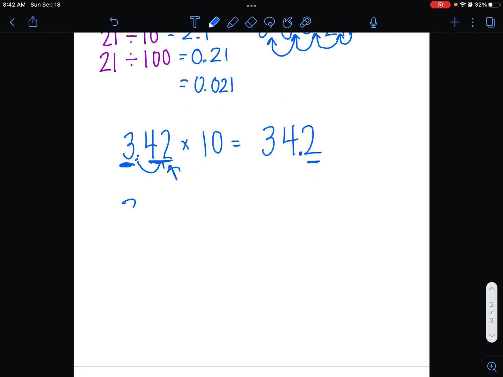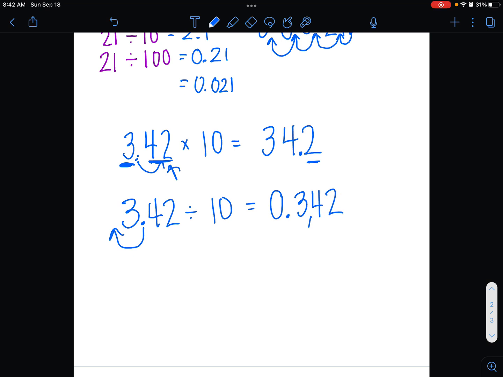If I wanted to divide 3 and 42 hundredths by 10, it would go the opposite way. We would move it one place to the left instead. So our decimal would actually be 0 and 342 thousandths.